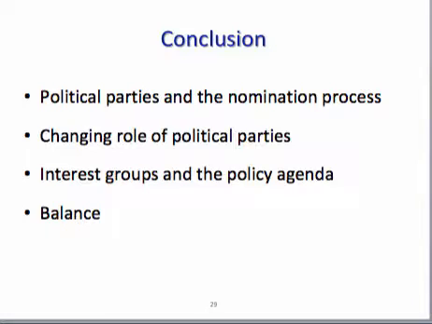Make sure you're familiar with how interest groups work and some of the key factors in their success, such as Citizens United, and be aware of the role of state regulation in how the election process actually is implemented.